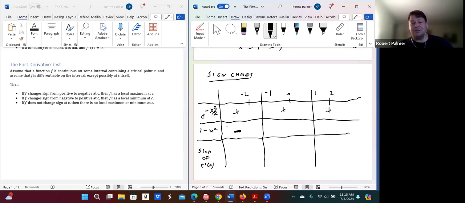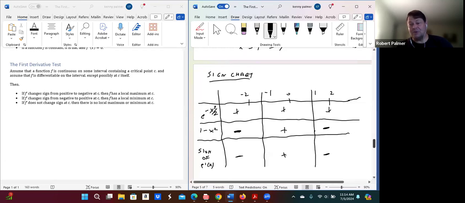Now if I plug in 0 for x, 1 minus 0 is positive. Then finally over here, if I plug in 2, just as in the negative 2 case, 2 squared is 4. That'll be 1 minus 4, which is negative. And of course, we look down here: positive times negative is negative, positive times positive is positive, and once again positive times negative is negative.